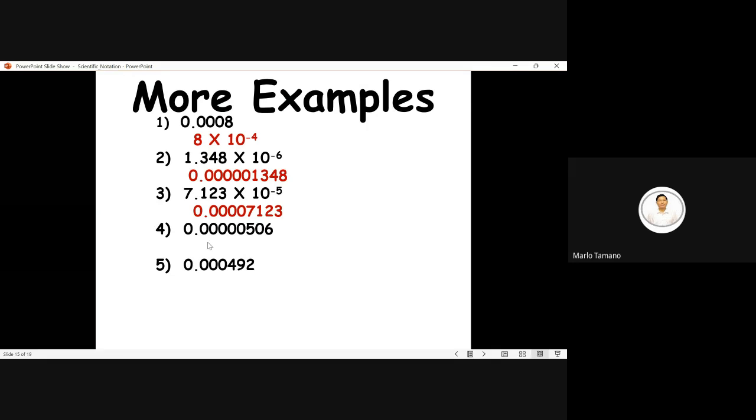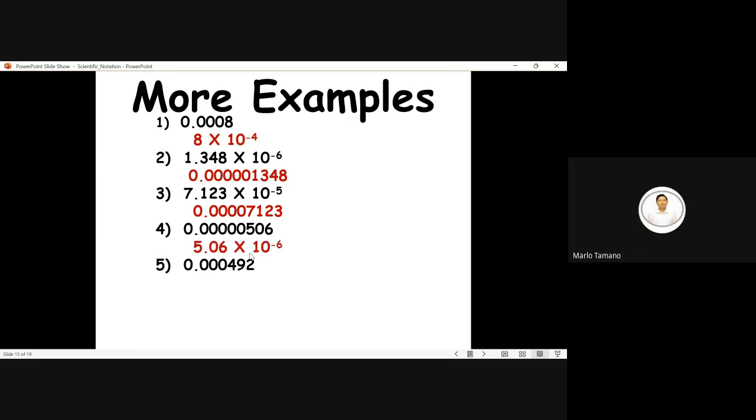All you have to do is rewrite it in scientific notation. What is the answer? 5.06 times 10 to the negative 6.